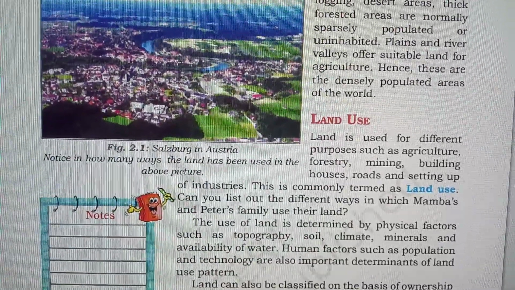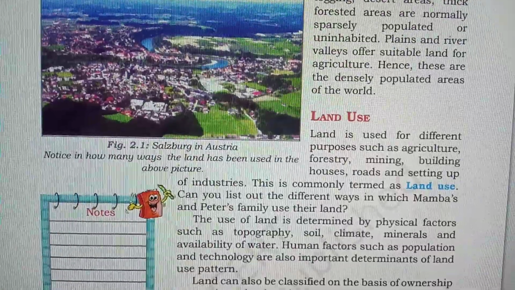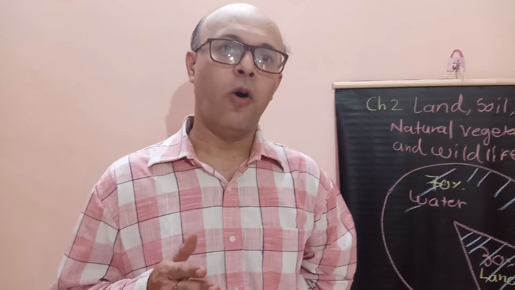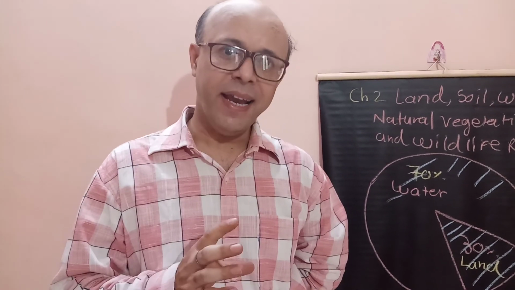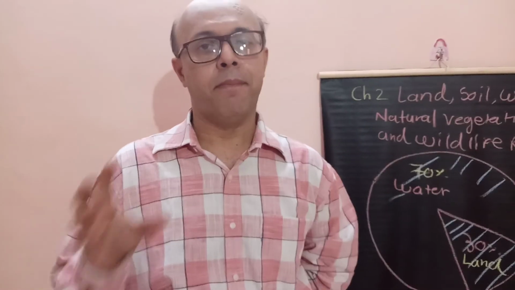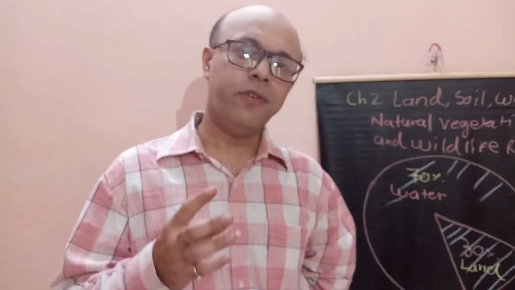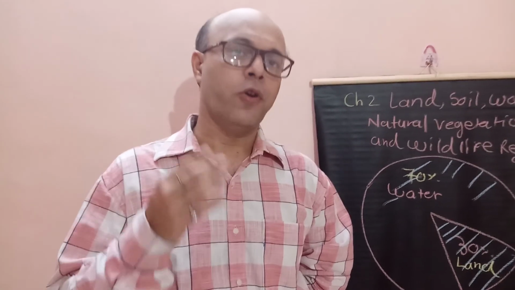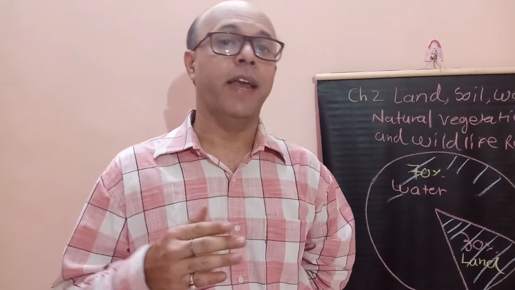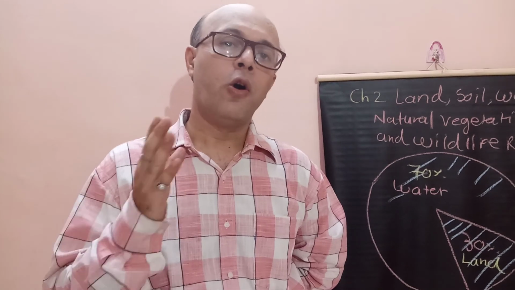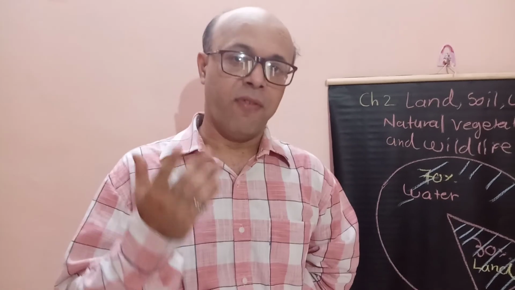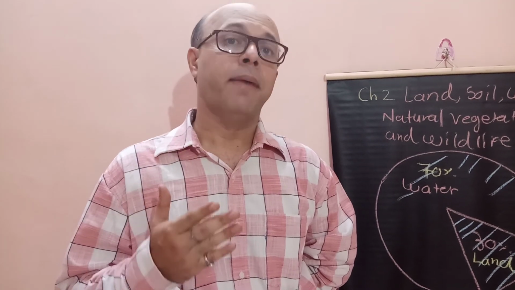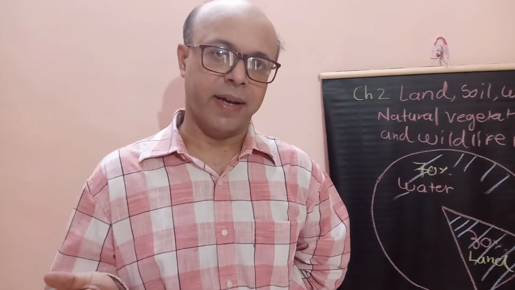Land can also be classified on the basis of ownership as private land and community land. Private land is owned by individuals, for example, your houses, your flats, and community land is owned by the community for common purposes such as collection of fodder, public parks, medicinal herbs, etc.